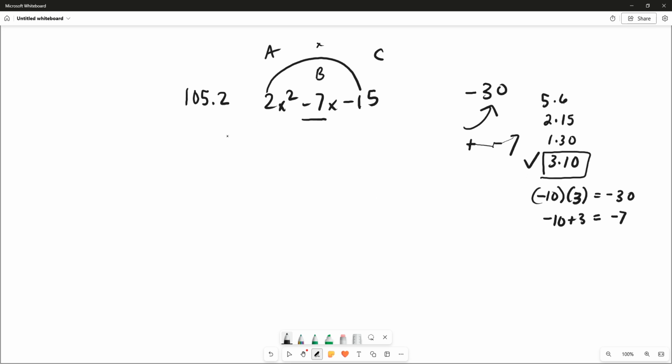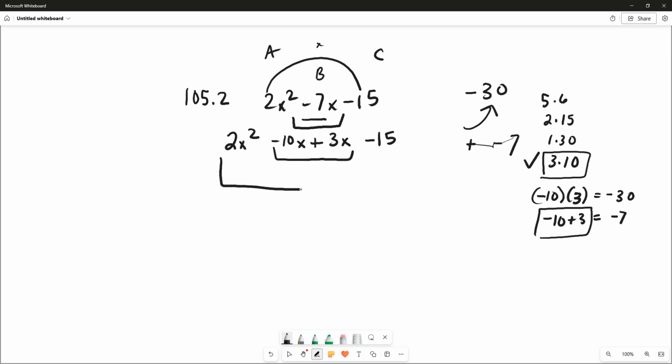I'm going to rewrite this with the 2x squared and then my two factors that work: negative 10x plus 3x and then minus 15. So this is the same value as this. Now I'm going to go to step 2, which is factoring by grouping.